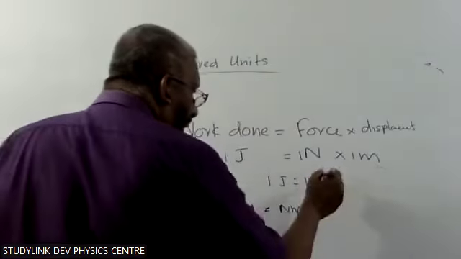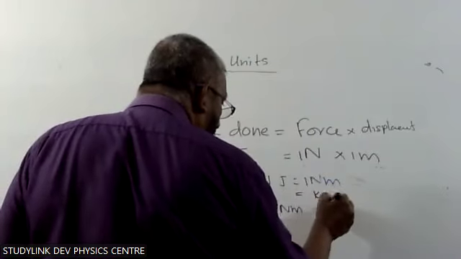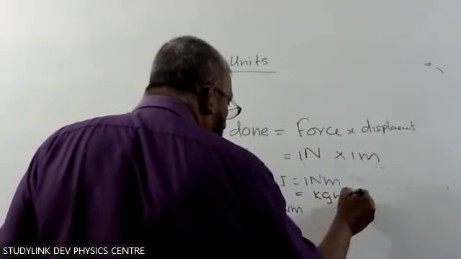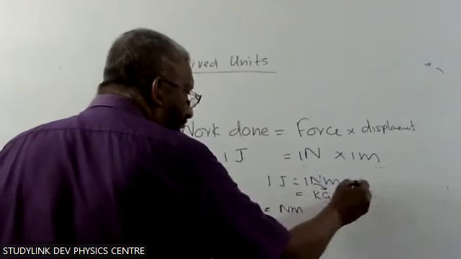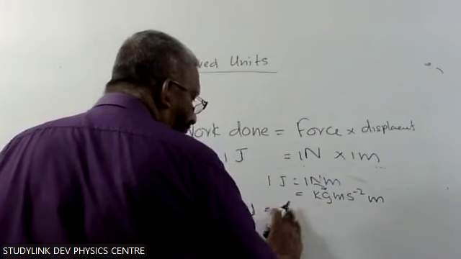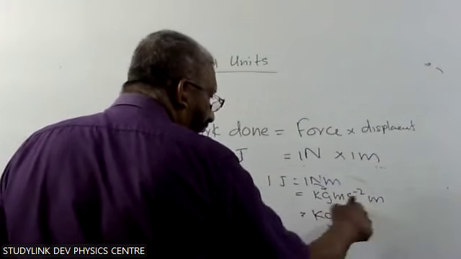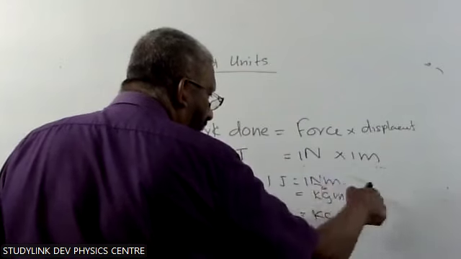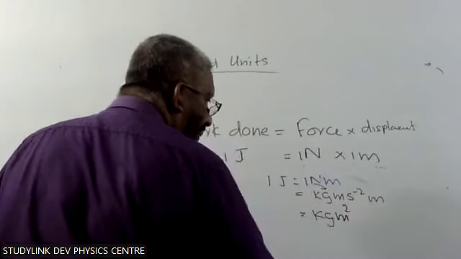But if you simplify this further, newton is equal to kg m s^-2. Earlier we got this one. Newton is this one, now into m. So therefore, this is equal to kg, then m into m, powers are added, m squared, s^-2.